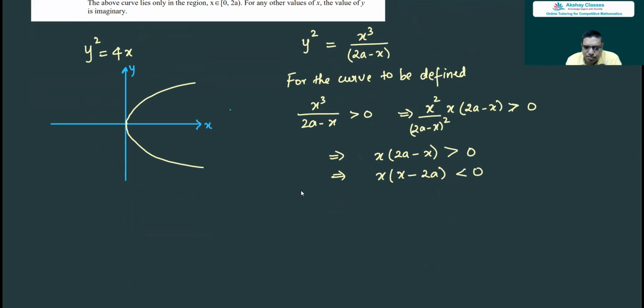So if we remember from functions, the number line sign scheme, for this inequality to be valid, x has to lie between the two roots. One root is 0, the other root is 2a. So x has to lie between 0 and 2a.